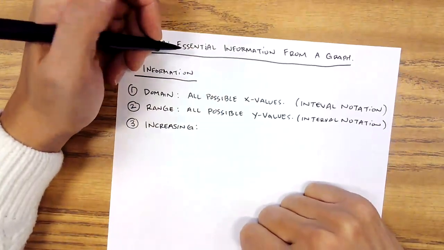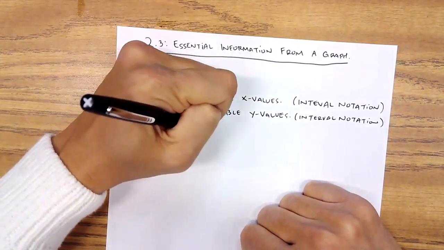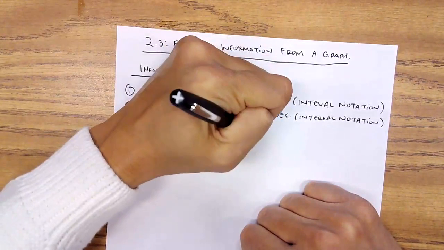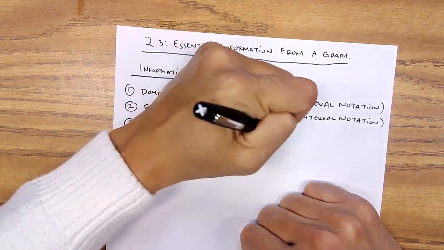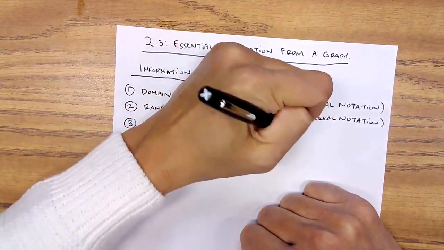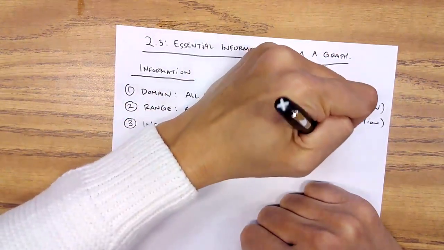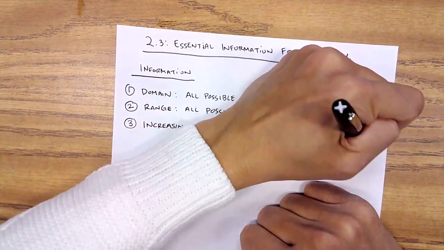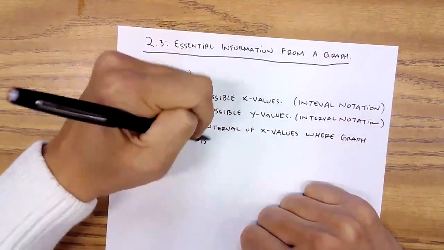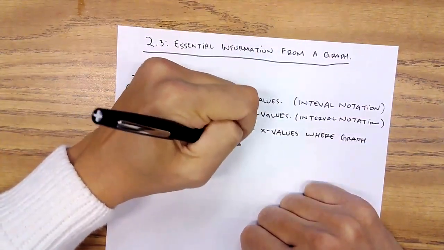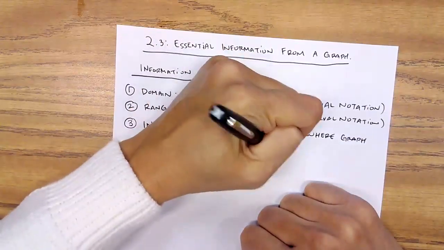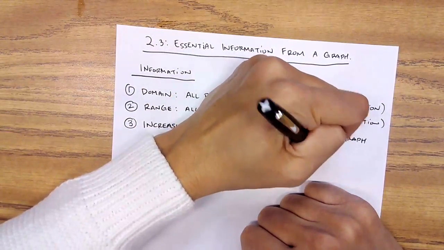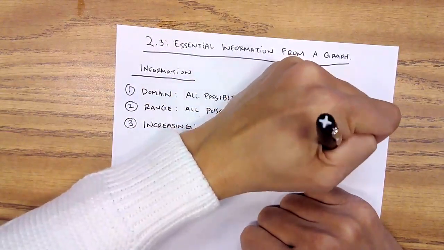Increasing is the interval of your x values where the graph is going up from left to right.